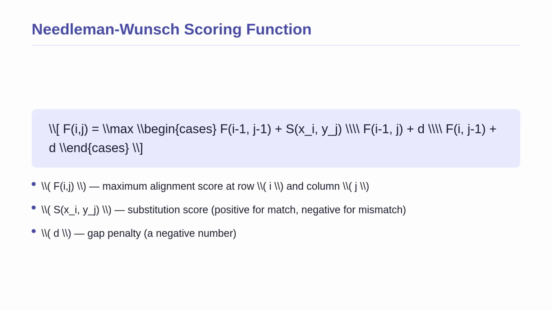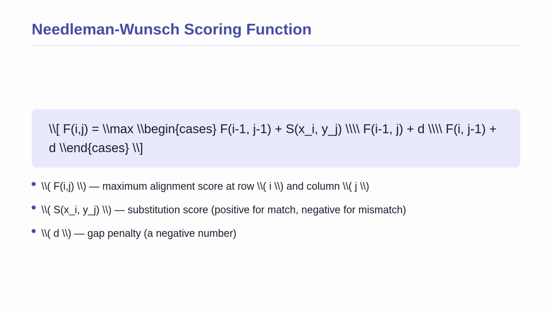Let us look at the mathematical engine behind this algorithm. This formula calculates the value of each cell in our scoring matrix. F of i, j is the maximum alignment score at the current position. The function S represents the substitution score, which gives us a positive number if the characters match and a negative number if they mismatch.